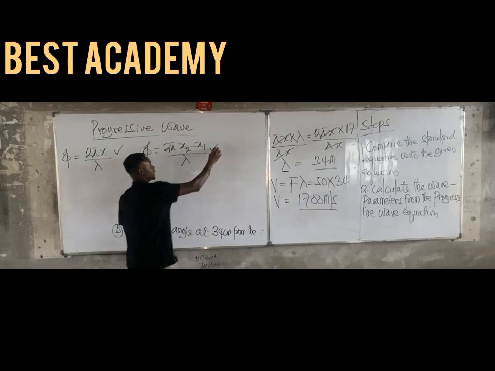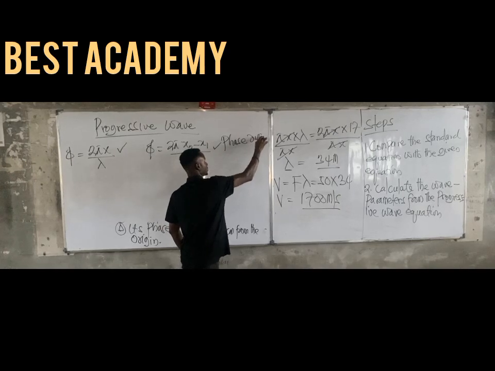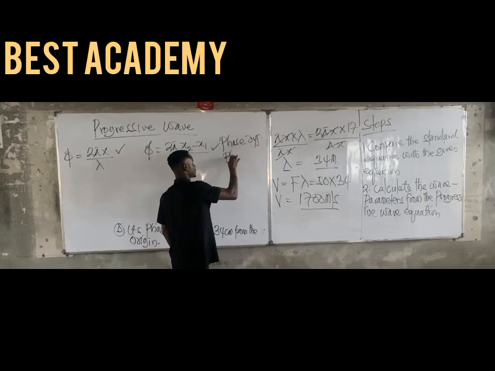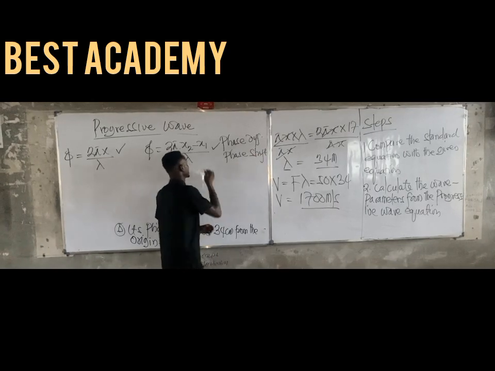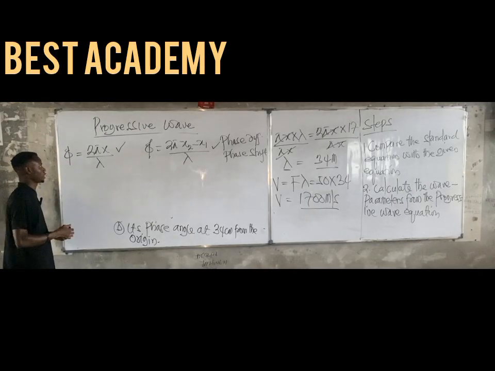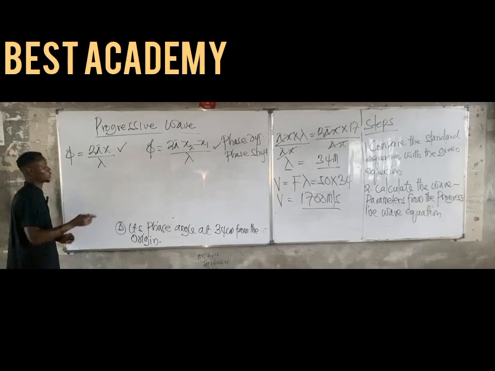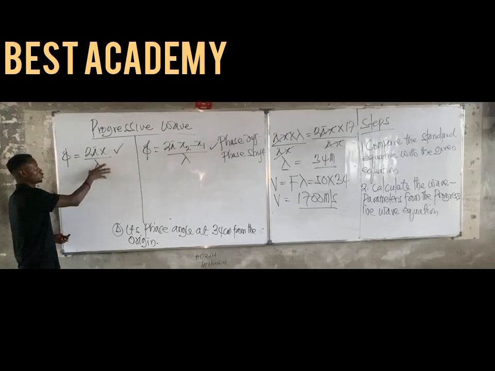Either I call it phase difference or phase shift. Please take note. When there is a shift in the distance, we call it phase shift or phase difference. Okay, now, since we are asked to calculate the phase angle here, we can use this formula here.